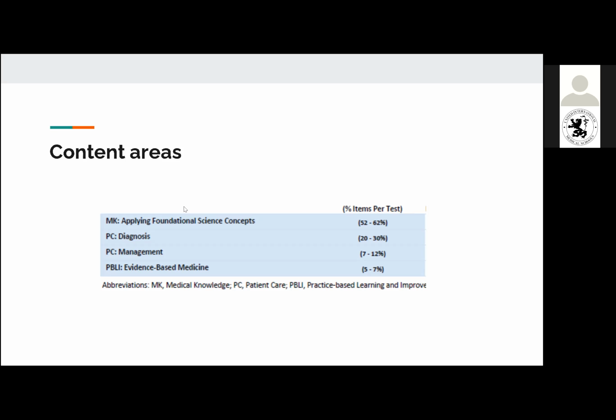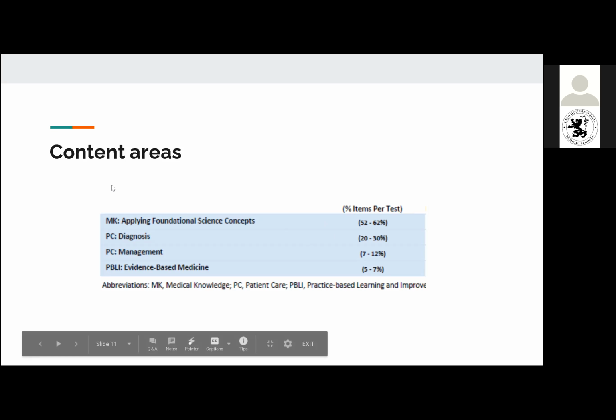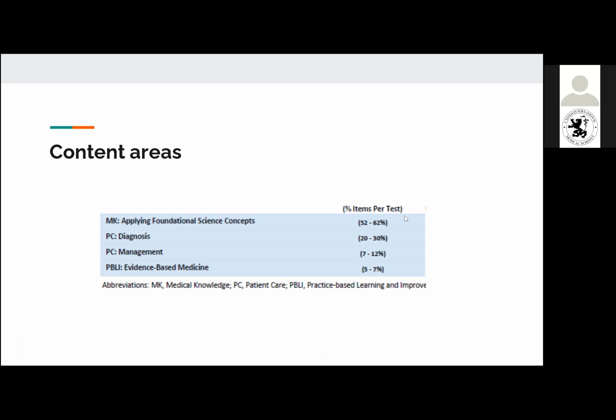This is actually from my own score report. So this was the breakdown of the questions on my score report. It tells me that 52 to 62% of my questions when I did the exam were about applying foundational science concepts. This usually doesn't change between each exam, it's the same. So most of the exam tests you on your ability to apply foundational science concepts.